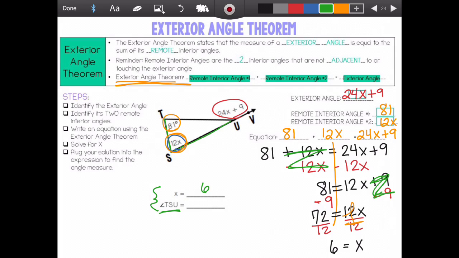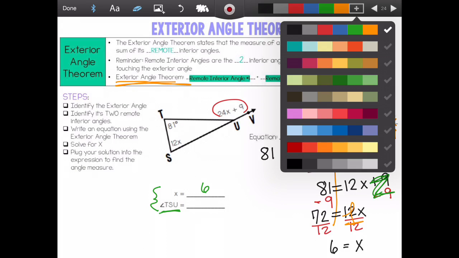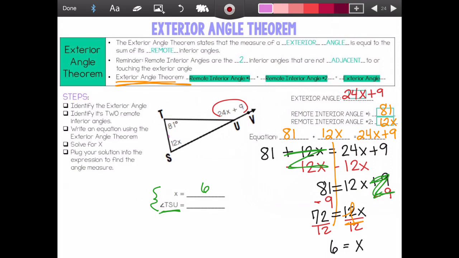Okay, so that's 6. Now to solve for the next one, angle TSU, which we said was this angle right here. Again, from T to S to U. So now I'm going to take my solution, 6, I'm going to plug it into 12x.